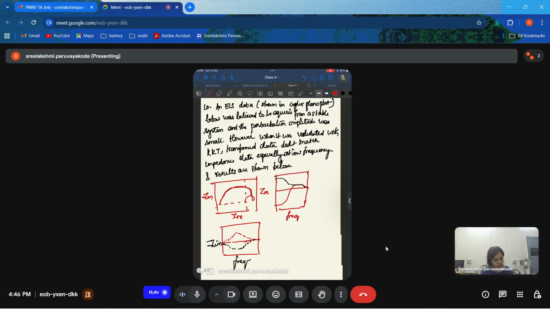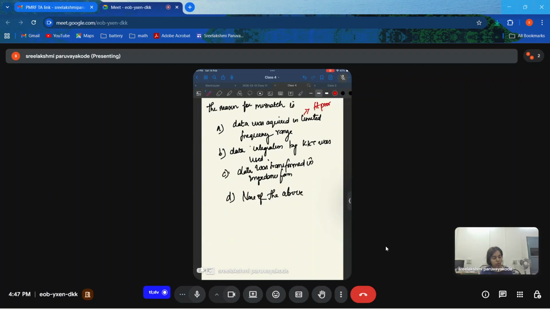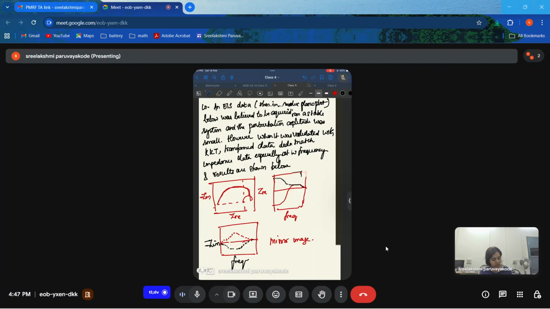Is that what we are observing now? No, it is a mirror image and not a poor fit. A poor fit means you have some data like this and your fit is something like this. But here what you see is a mirror image.